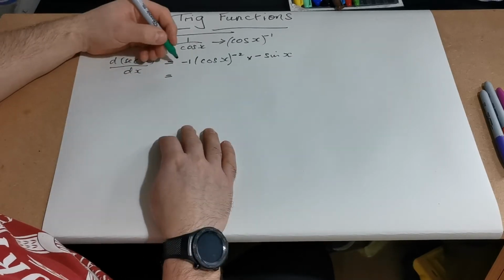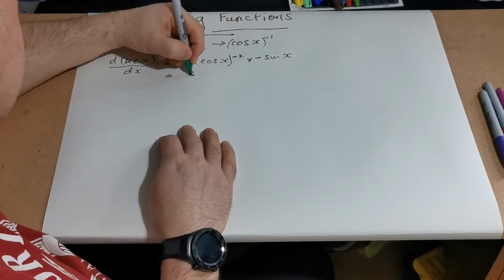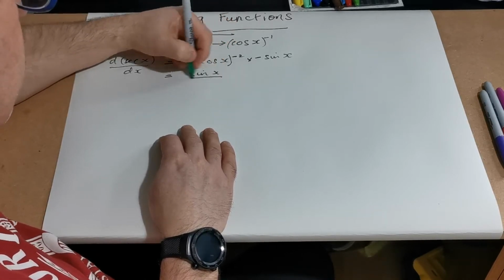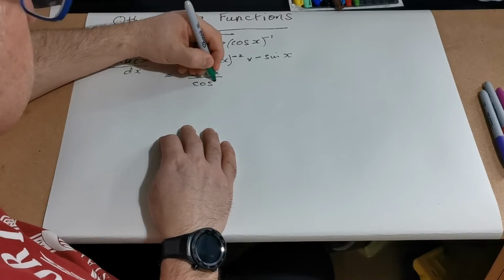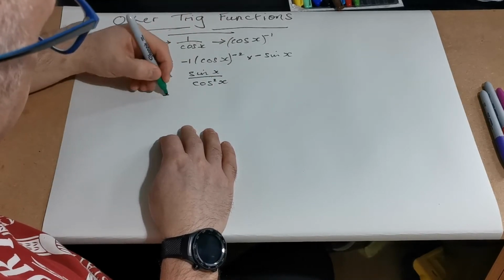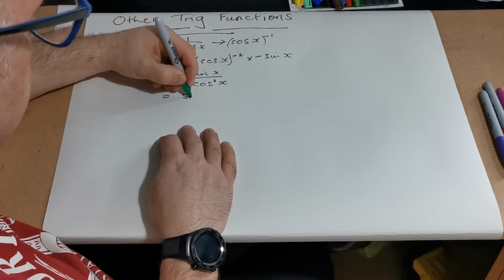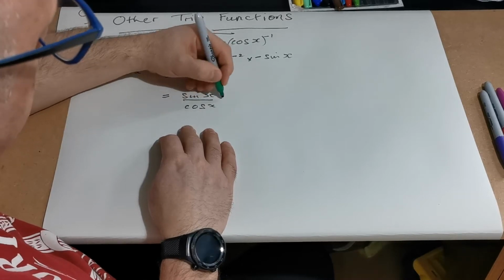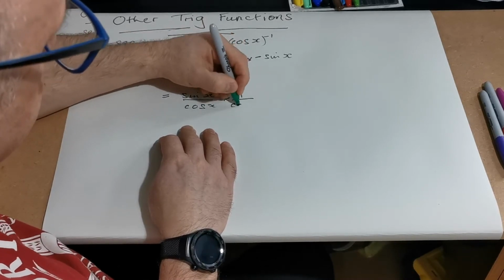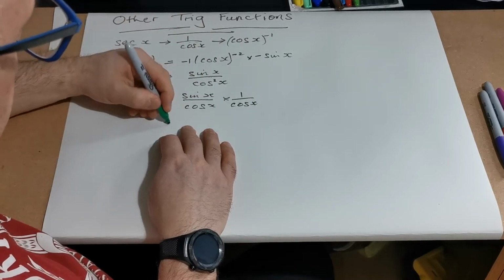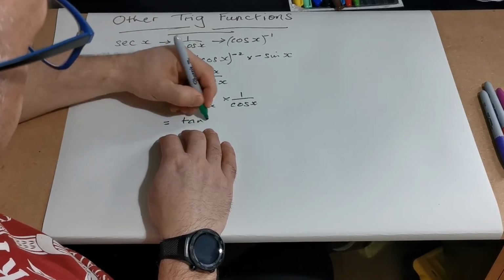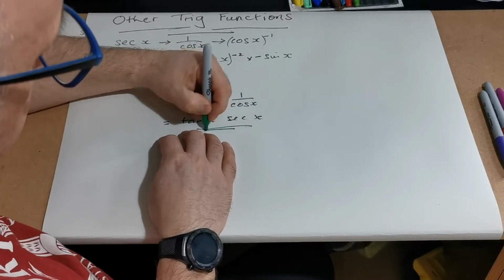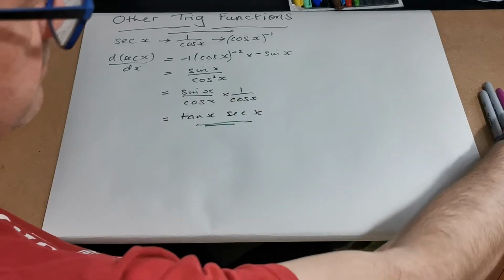So these negatives cancel out, sine x, because we've got a negative power here, over cos squared x. And I'm going to separate that to be the same as sine x over cos x times 1 over cos x. So that is tan x sec x. So there's the first one.